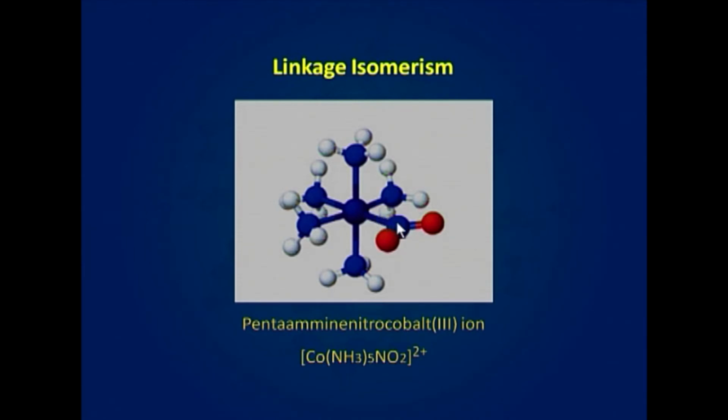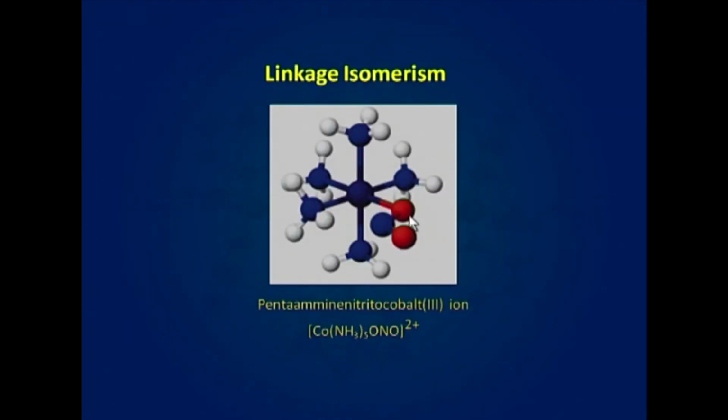In this case, nitrogen is attached to the metal ion and the ligand is named as nitro. In this case, oxygen is donating an electron pair to the metal ion and this ligand is named as nitrito.